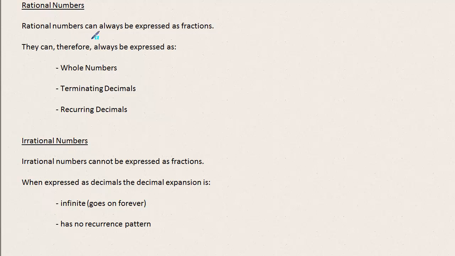Rational numbers can always be expressed as fractions. They can, therefore, always be expressed as whole numbers. If you think about any whole number, we can express that as a fraction, 3 out of 1 or 6 out of 2, and so on.